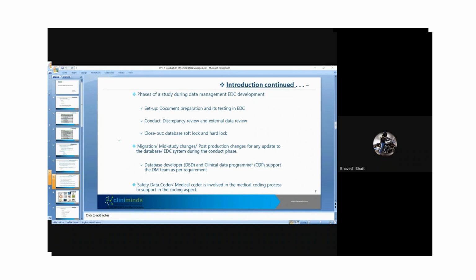Then with us are involved the database developer and the clinical data programmer, who we are going to work with closely for whatever support we would need in the database development and the study lifecycle maintenance.